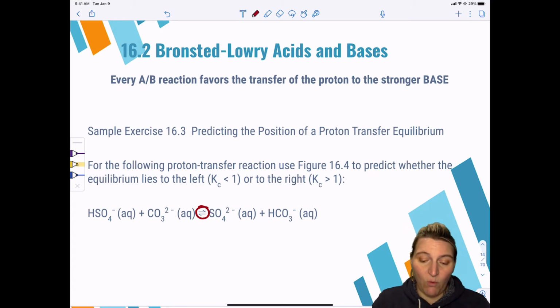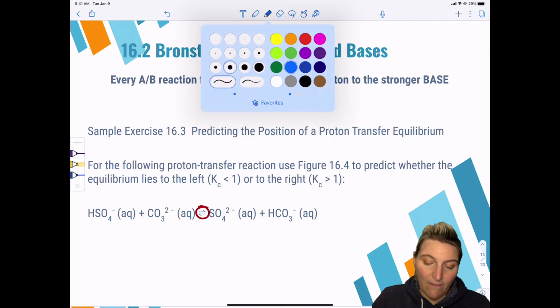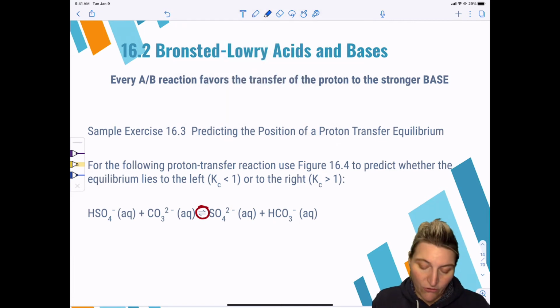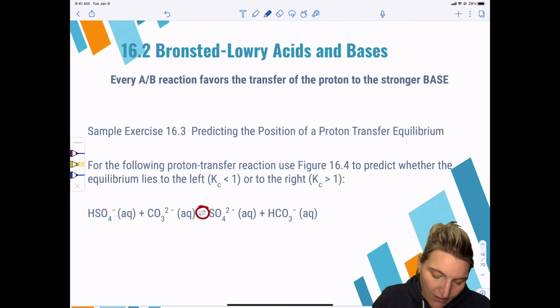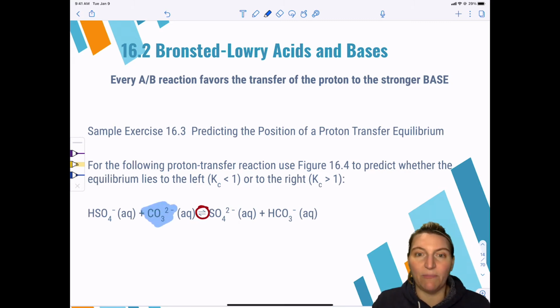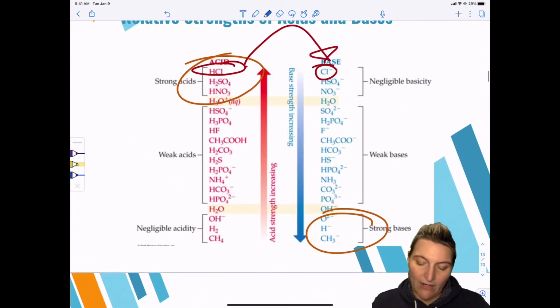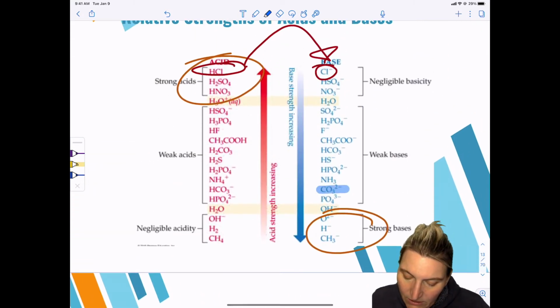So we would want to say, well, which one is the stronger base? First of all, let's identify the bases. The bases are the hydrogen ion acceptor. So in the forward reaction, CO3 2 minus accepts the hydrogen ion. And in the reverse reaction, SO4 2 minus accepts the hydrogen. So which one is a stronger base? Here's CO3, and here's SO4.